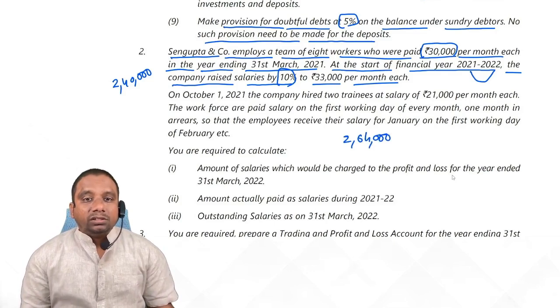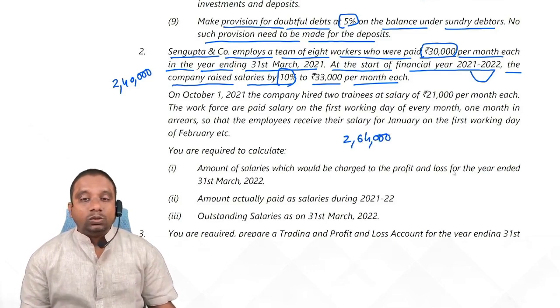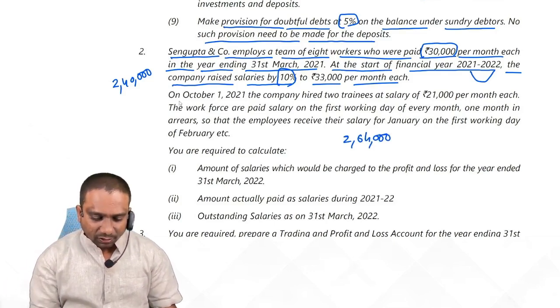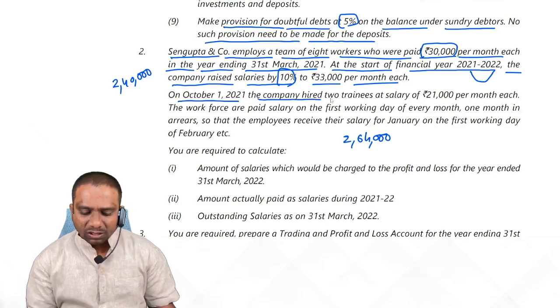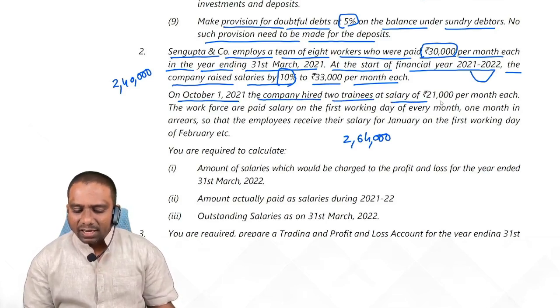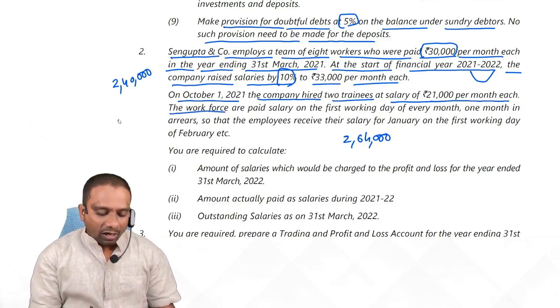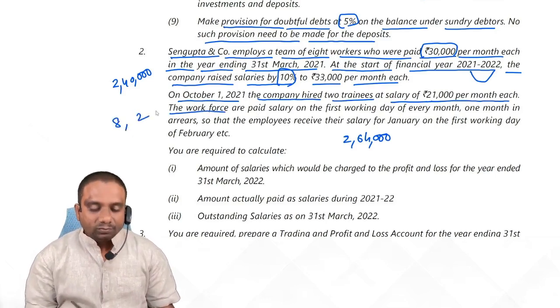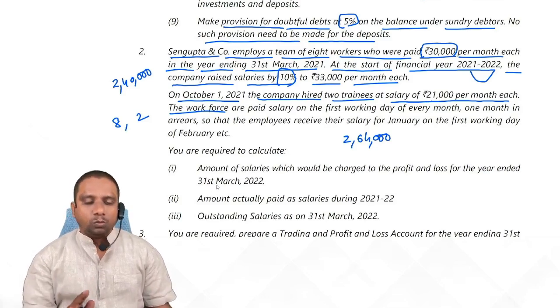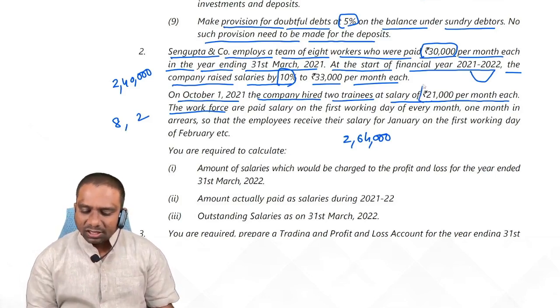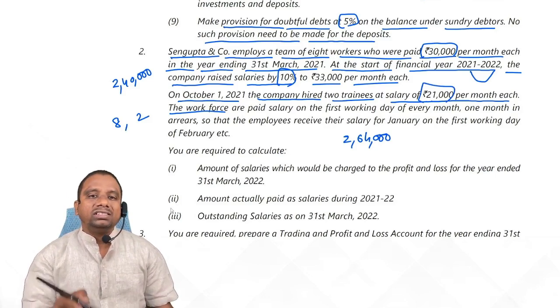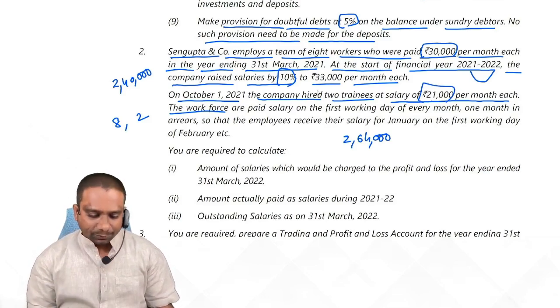Is it clear? Per month, salaries have now increased to 2,64,000. Next, on October 1st, 2021, the company hired 2 trainees at a salary of 21,000 per month each. Already we have 8 employees, and they hired 2 more. The salary to them is 21,000, and the salary of the 8 employees is 33,000.